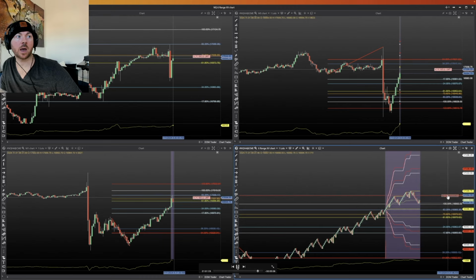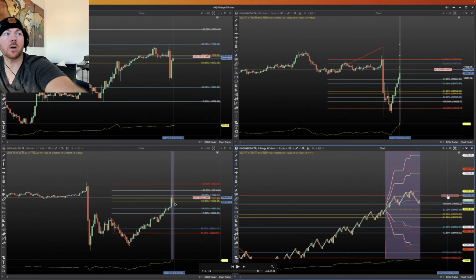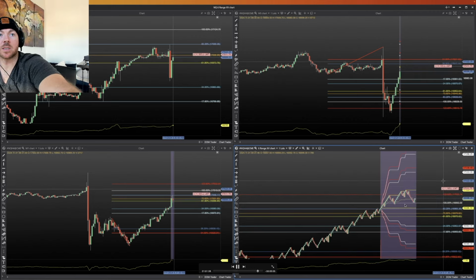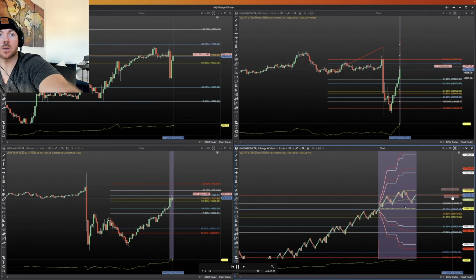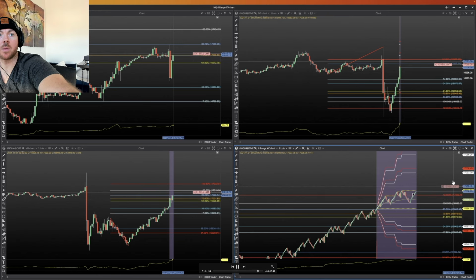Now, I had this limit here ready to sell off that, seeing finally some bearish pressure here, but I only wanted to do that if this ended up taking this low. I'm getting a little bit of weakness, there's market structure breaking, but when I see this low is holding, I'm not jumping in yet.